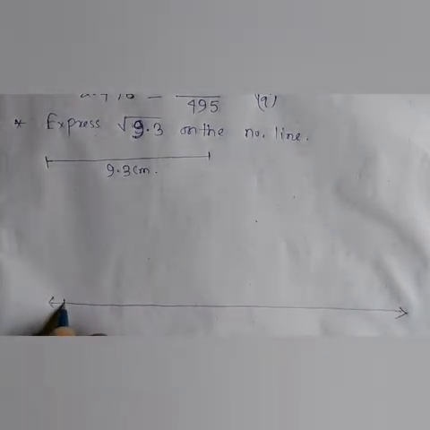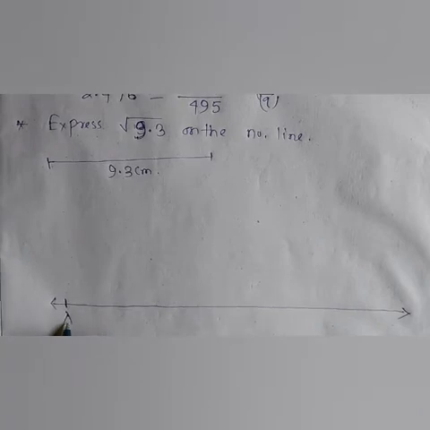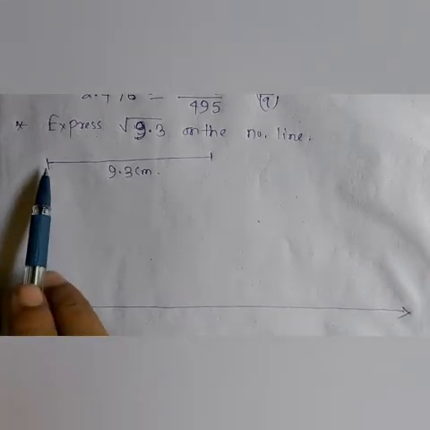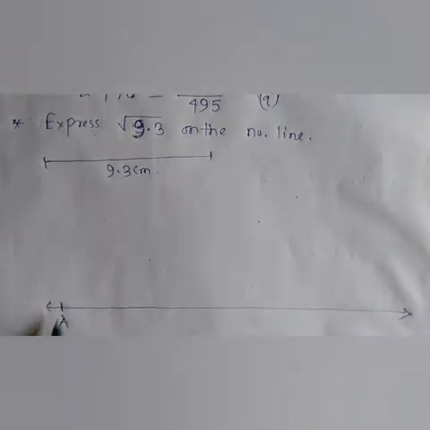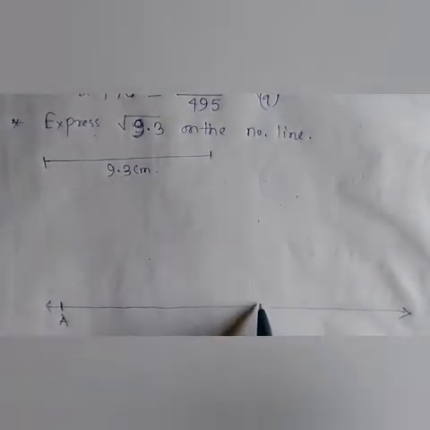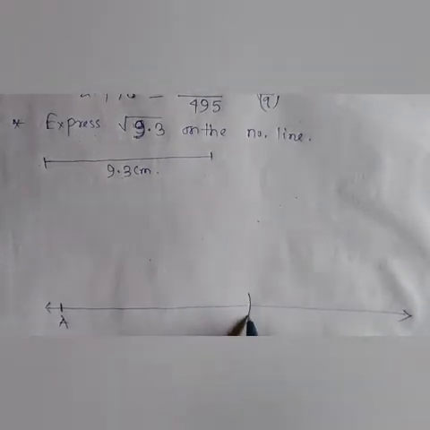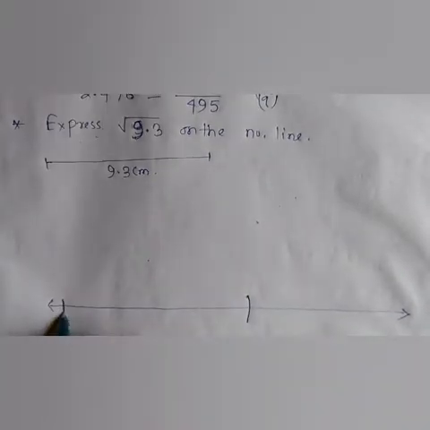Take any one point, this is point A, and measure 9.3 using the compass. Start from here and draw like this. So this is the 9.3 centimeter.